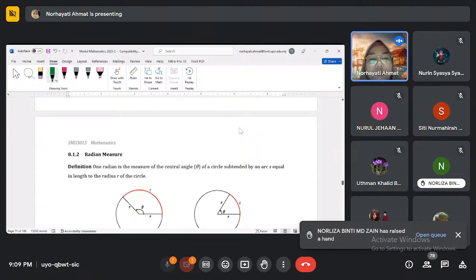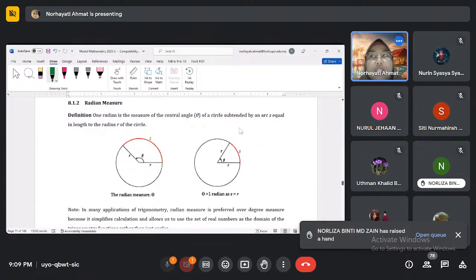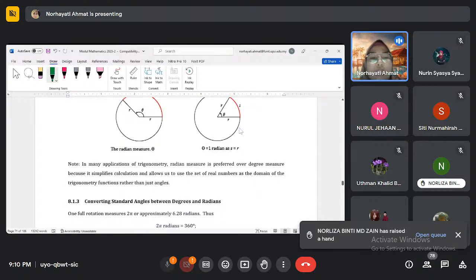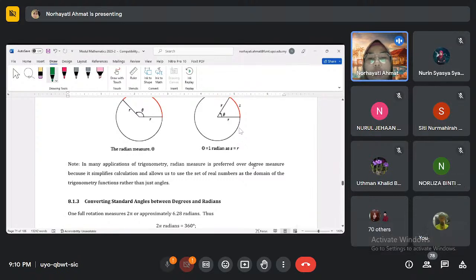Okay, so selain daripada degree measure, we also can use another unit which is radian. In many applications of trigonometry, radian measure is preferred over degree measure because it simplifies calculation and also allows us to use the set of real numbers as the domain of the trigonometric function rather than just angles.